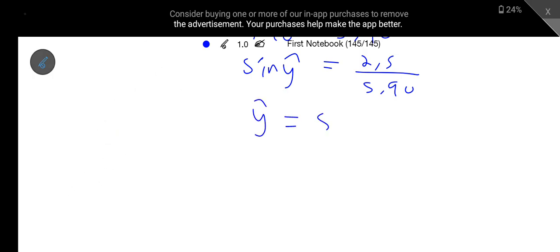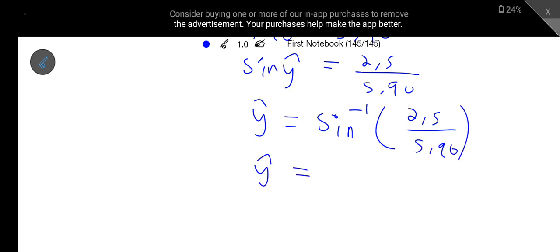So this is the arcsine of 2.5 over 5.90. And then let's see what our angle Y is. The arcsine of 2.5 divided by 5.9 is 0.44. Well, it's quite a small number, but it's 0.44 degrees.